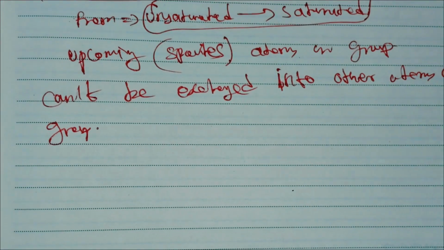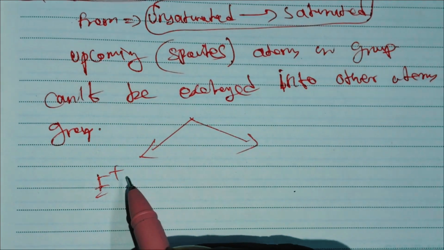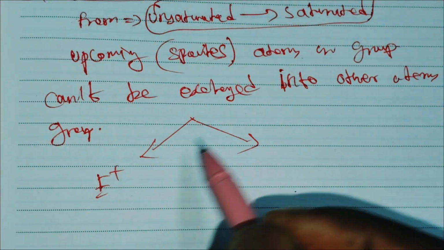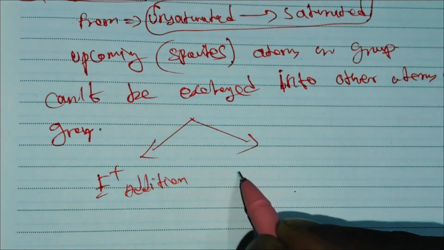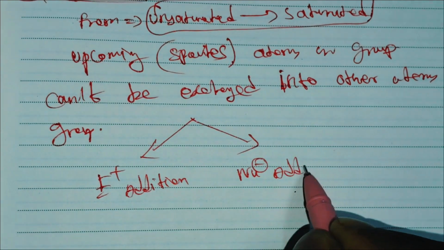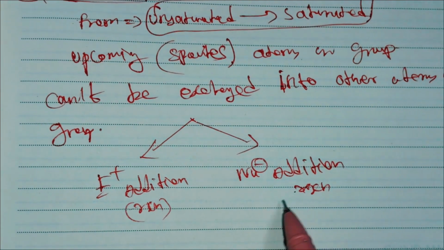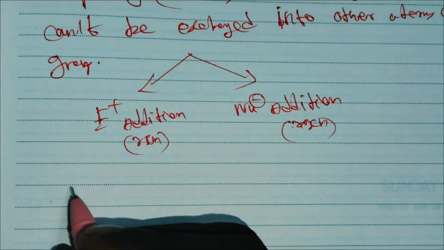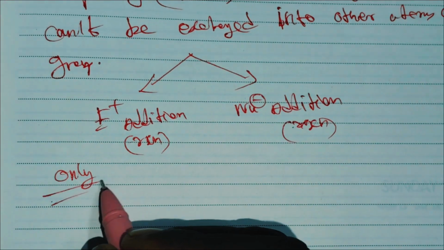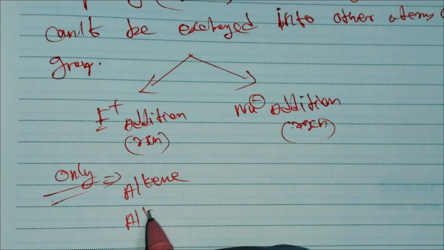This can be classified into two types: electrophilic addition reaction and nucleophilic addition reaction. Electrophilic addition occurs only for alkenes and alkynes.